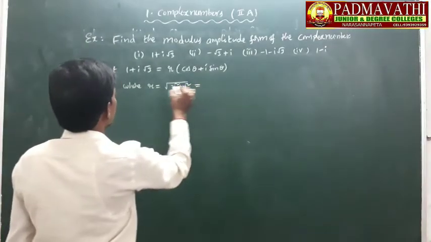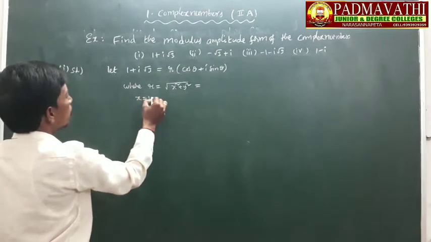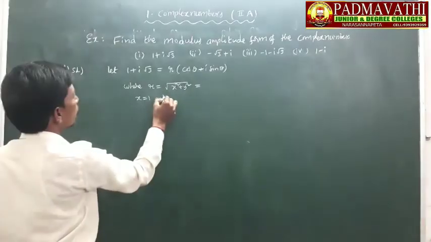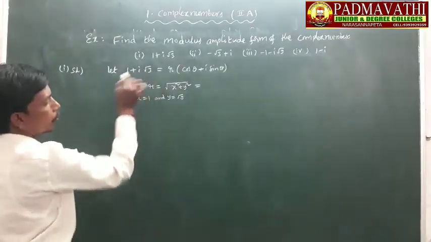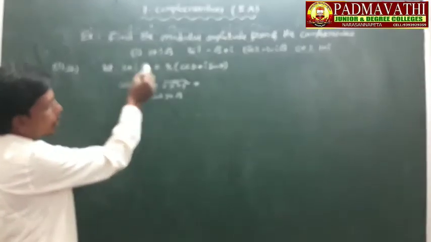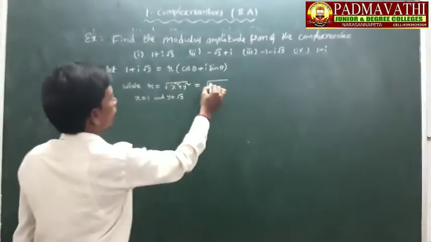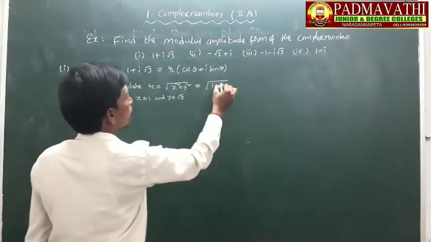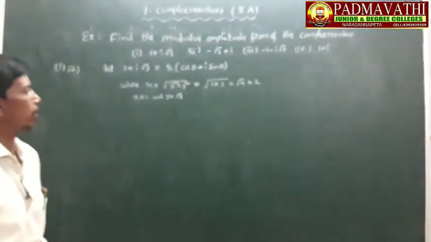So here x equal to 1 and y equal to root 3. Square root of 1 square plus root 3 square, that is 3, equal to root 4, that equal to 2. So that is the r.